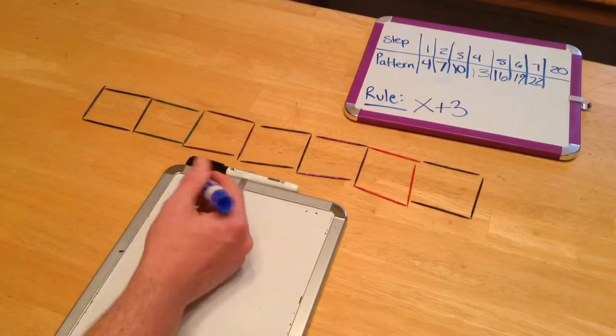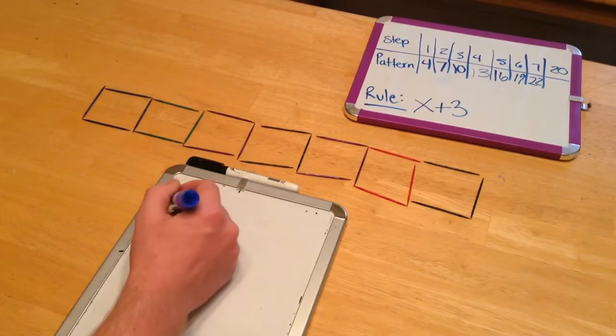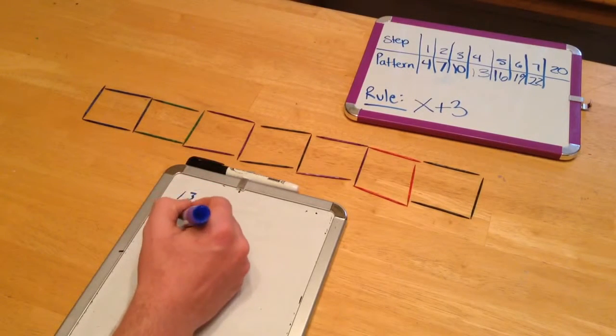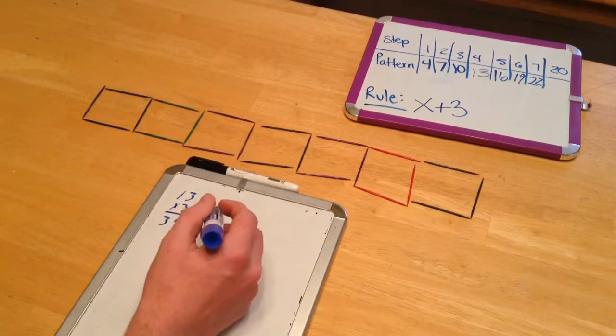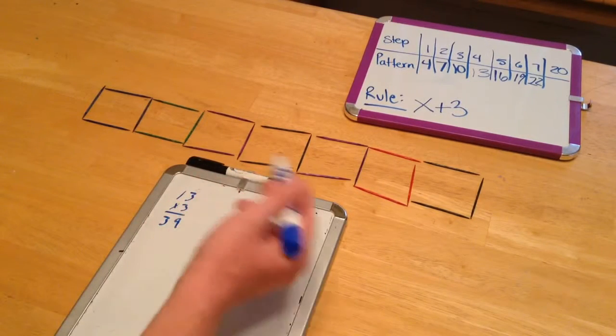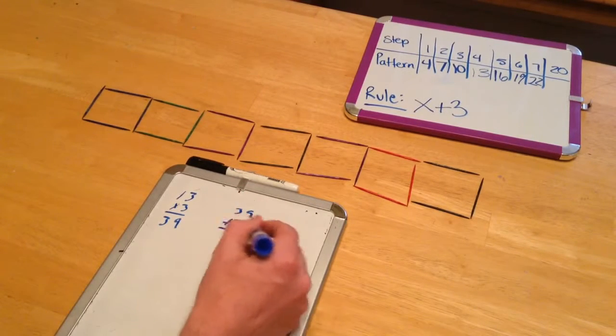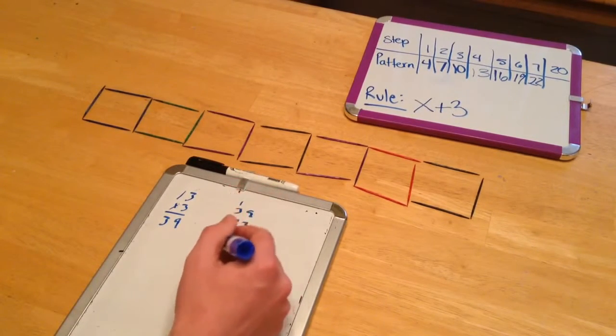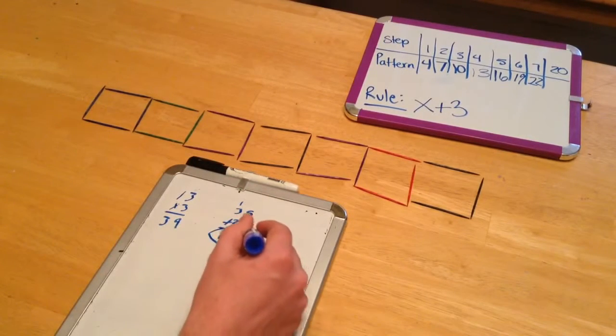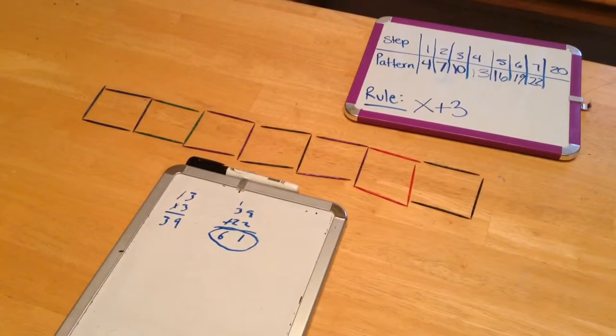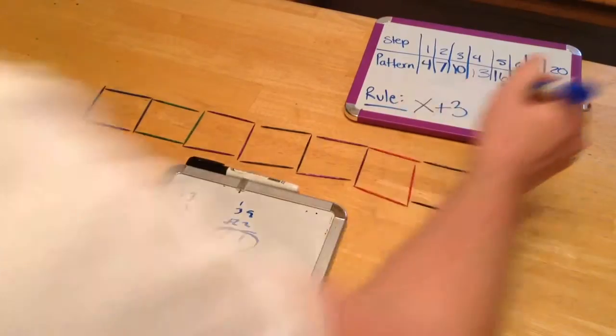Yeah, so like 20 minus 3, it's 17 times 3, 51, and then you add the 10, right? It's 51 plus 10, 61, I believe. Okay, good job. So following the rule, our 20th step would be what? 61. Yes, good job, 61.